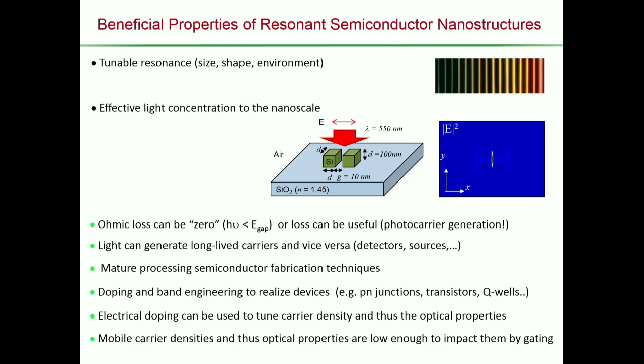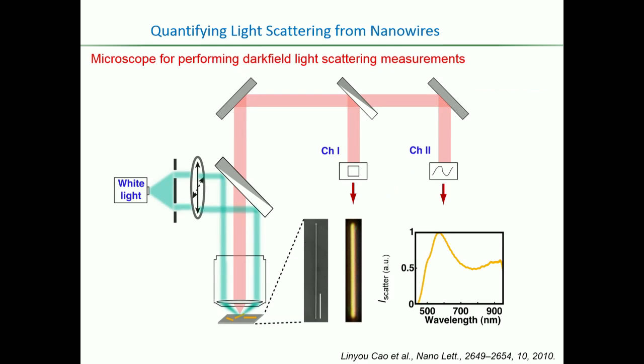Here we only have something like 10^19, so we can manipulate and tune resonances. And we can use these mobile carriers not only by doping, but also by electrical gating. So many flexibilities are offered by semiconductor nanostructures in addition to what one traditionally has thought about with metals.